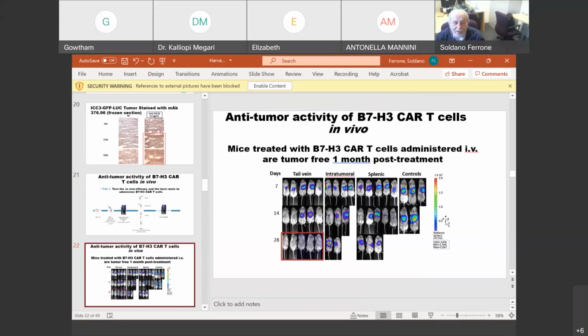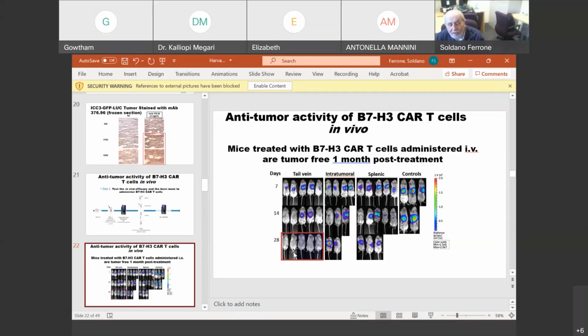And as you can see, in all the mice in which we injected the cholangiocarcinoma cells, we could detect a growth of the tumor. Then 2 weeks after the injection of the tumor, when there was development of the tumor in all the mice, we started the treatment utilizing the different routes I have indicated in my previous slide.